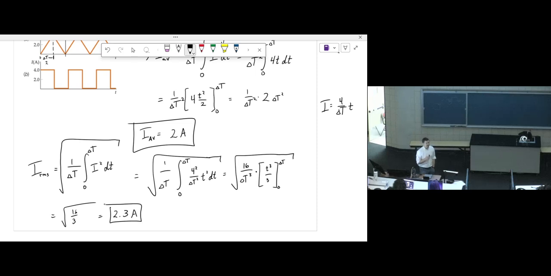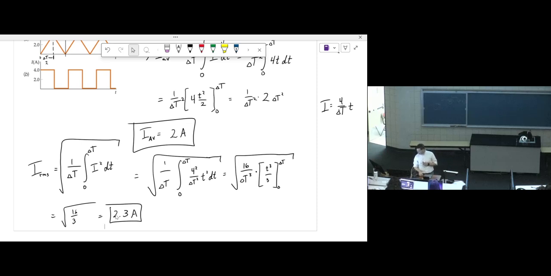So the RMS does not, in general, equal the average. I mean, we already saw that with just our cosine wave, where the average was going to be 0, right? But the RMS was non-zero. So the RMS here, which is more akin to the power that you would think about under AC current, you would end up wanting to use the 2.3 amps instead of the 2 amps.